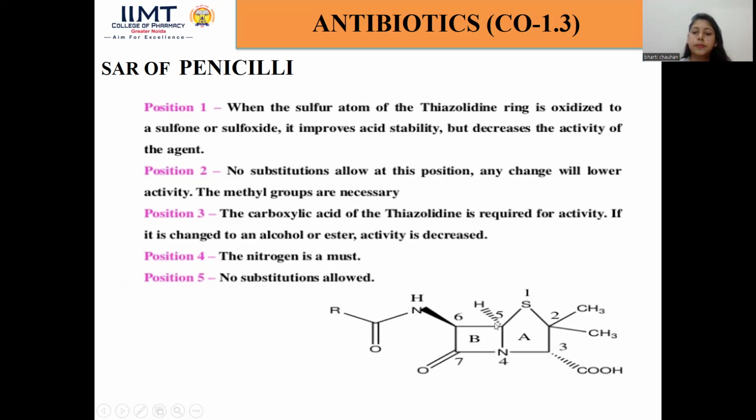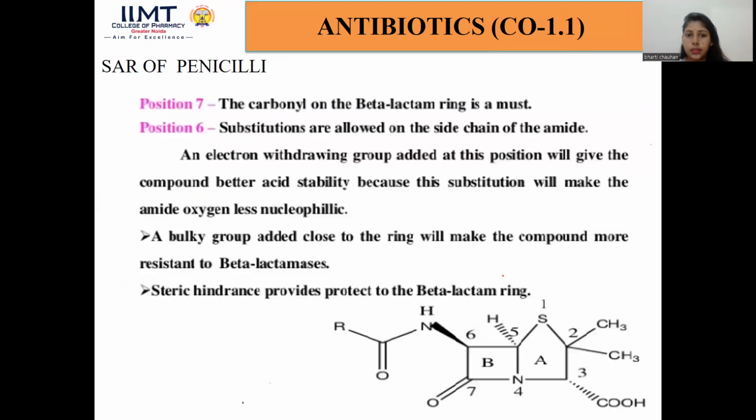At position 5, no substitution is allowed, or if we do any other substitution on this position, the activity will be decreased. At position 7, a carbonyl group is present, which is important for the activity, so no substitution is necessary for the compound.